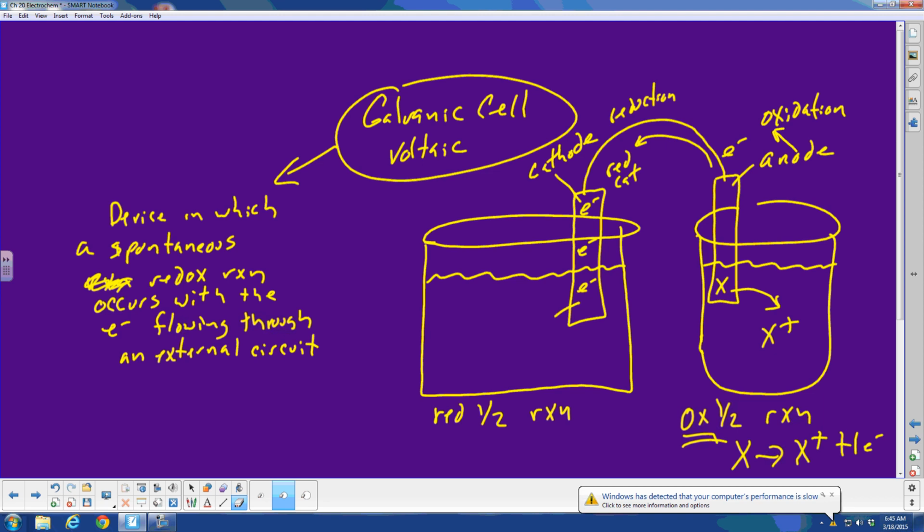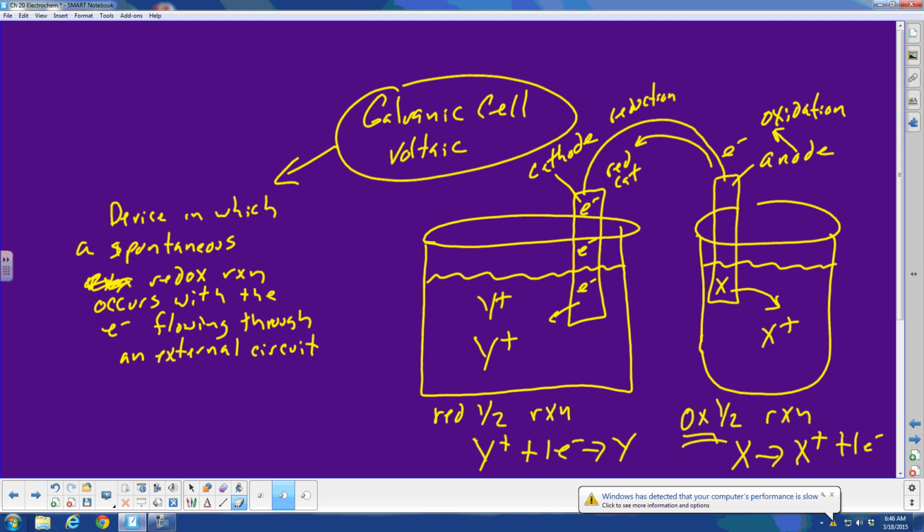So this thing starts building up with electrons, and what are those electrons going to do? Well, over here I'm going to have Y plus plus 1 electron going to form Y. So here I have a bunch of Y pluses in solution.